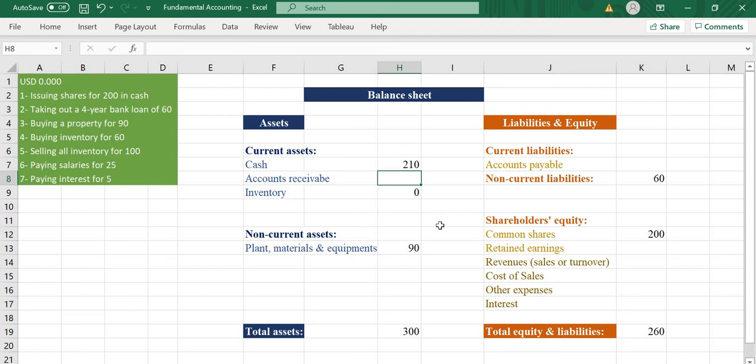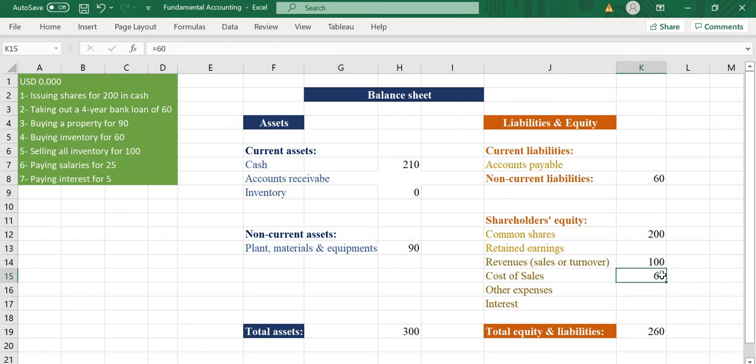This means that the company earned total revenue of 100. However, the company's cost of sales is 60, exactly the amount of inventory the company purchased before.